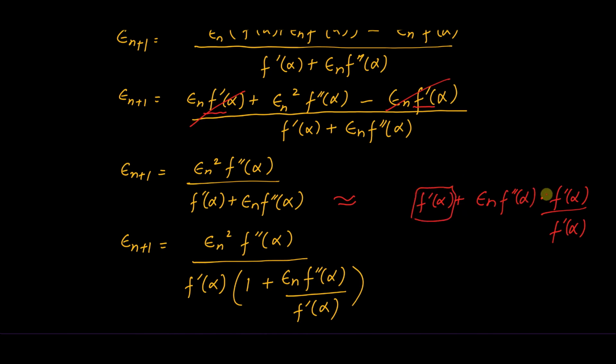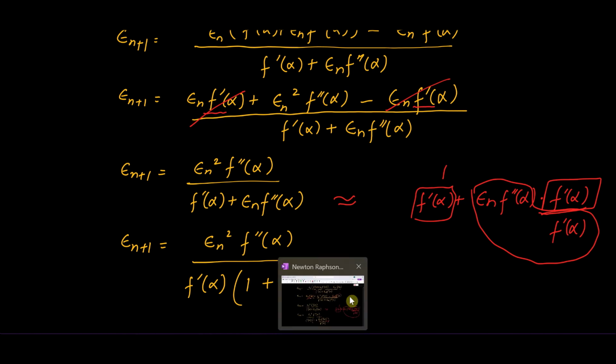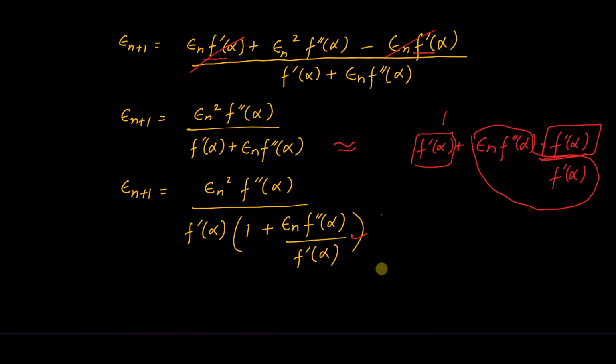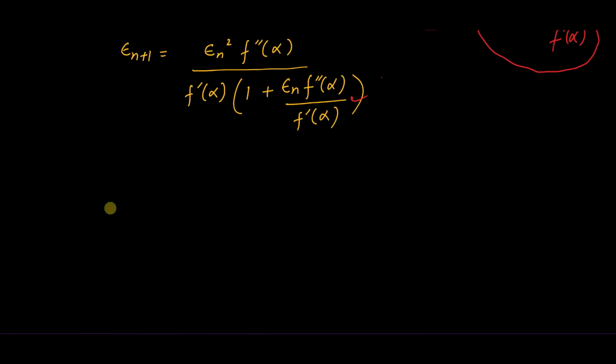So this and this should be outside as a common term, and we are left with 1 here and this remaining term here. After this we need to apply the binomial theorem.